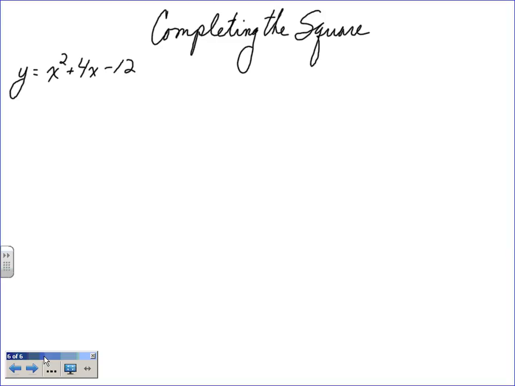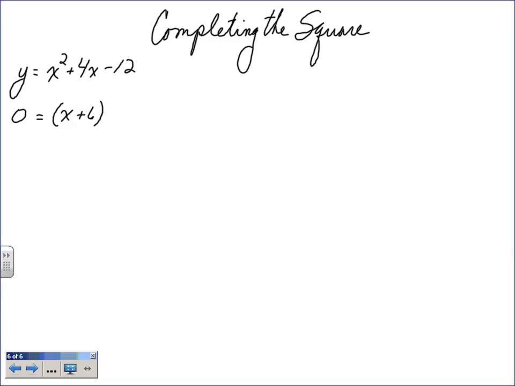Okay. Where does that cross the x-axis? It crosses the x-axis when y equals 0. So we would set that equation equal to 0. And this is what you had in your quiz yesterday. And one of the ways was factoring, right? We could factor this.